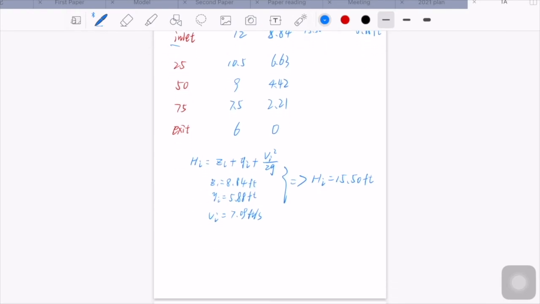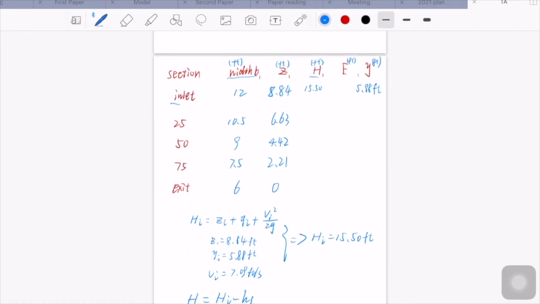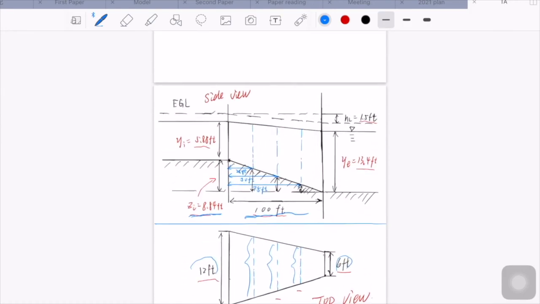And then we can use this equation, H equals HI minus HL, the head loss, for the other sections. Since we know the energy loss in the transition is 1.5 feet and is uniformly distributed throughout the transition length, and we also know the length of this transition is 100 feet, we can determine the head loss in this section.